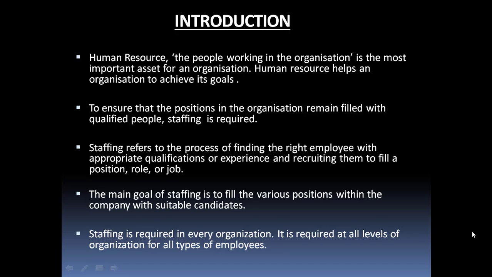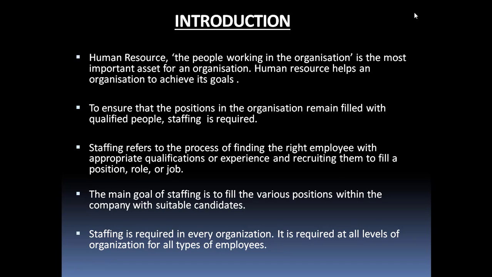And organizing is when the organizational structure is being arranged. That is, what are the roles and responsibilities, what will be the job profiles, who will be at the top management, how will the organizational structure be, tall or flat, what will be the span of control. Everything is discussed in organizing. And then comes staffing.